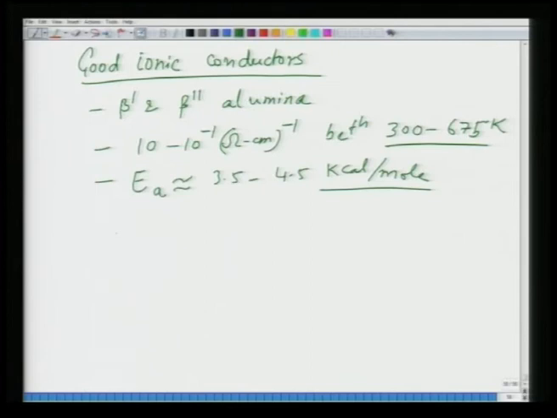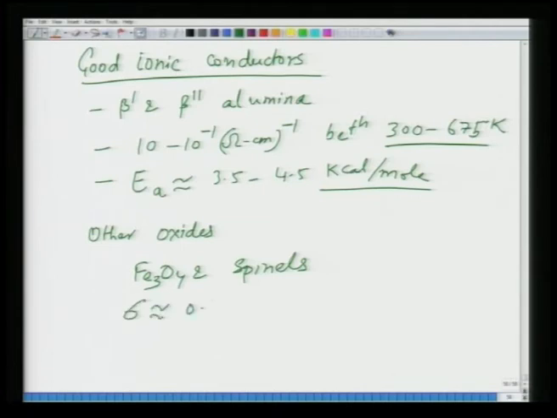There are some other oxides such as Fe3O4 and spinels, which is nothing but AB2O4 structured compounds. Sigma for these is about 0.5 ohm centimeter inverse, and EA is very small, of the order of 0.35 kilocalorie per mole.